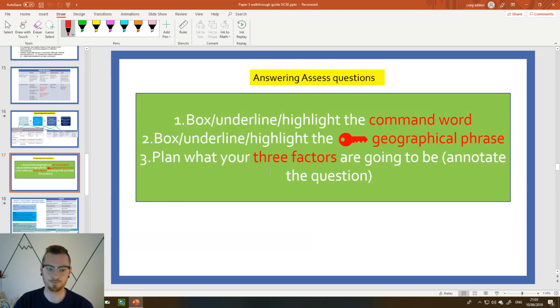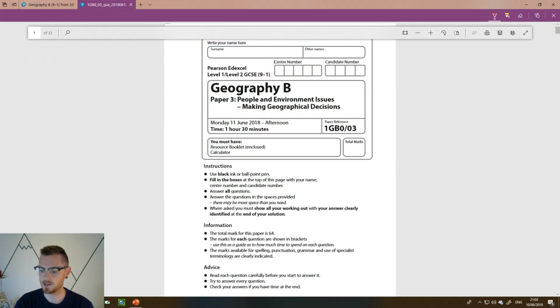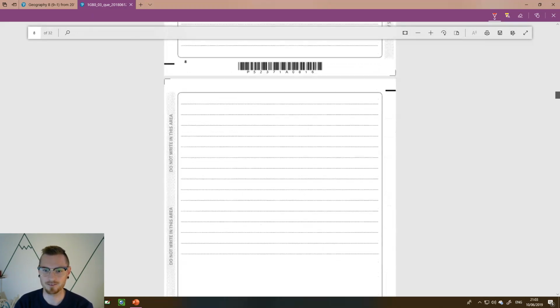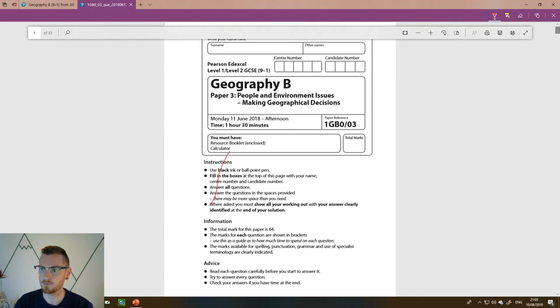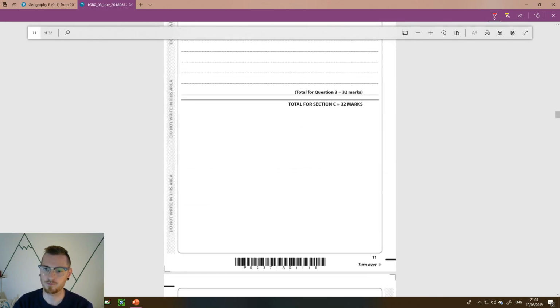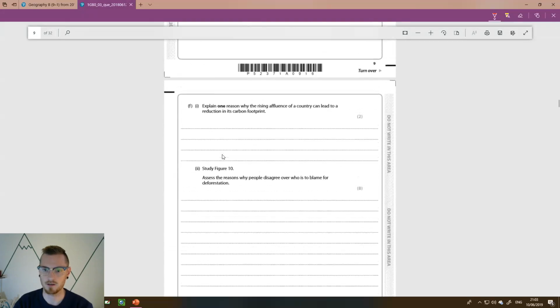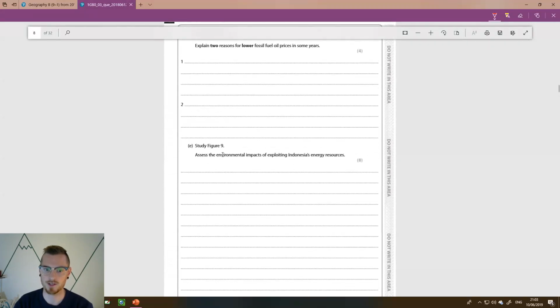Quick example of that is if I go here to the exam, and that's not what I wanted to do. Let's just scroll down. There we go, section C, 32 marks. So here I've got an assessed question.